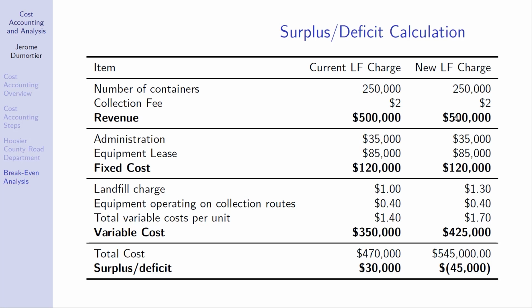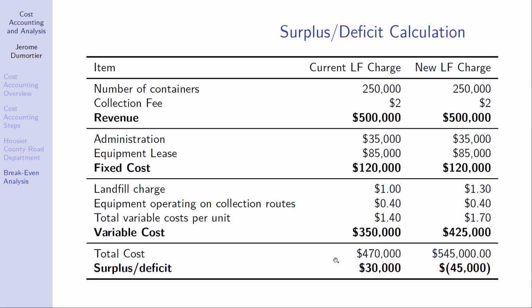It does not change the fixed cost. However, it does change the variable cost, which now increases from $350,000 to $425,000. And whereas with a landfill charge of $1, we made a surplus of $30,000, now with the new landfill charge, we are actually making a deficit of $45,000.